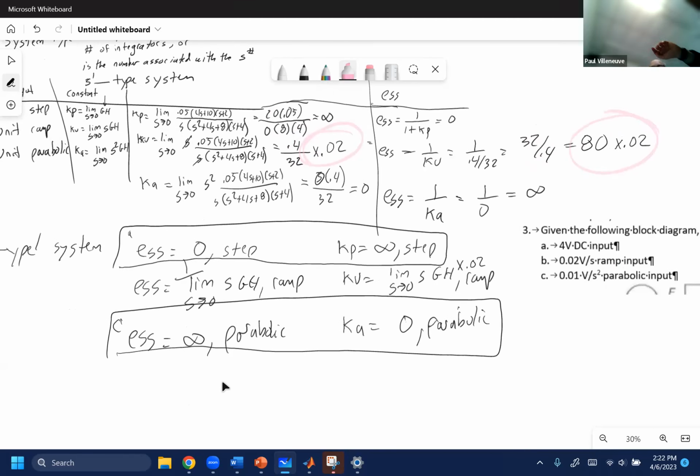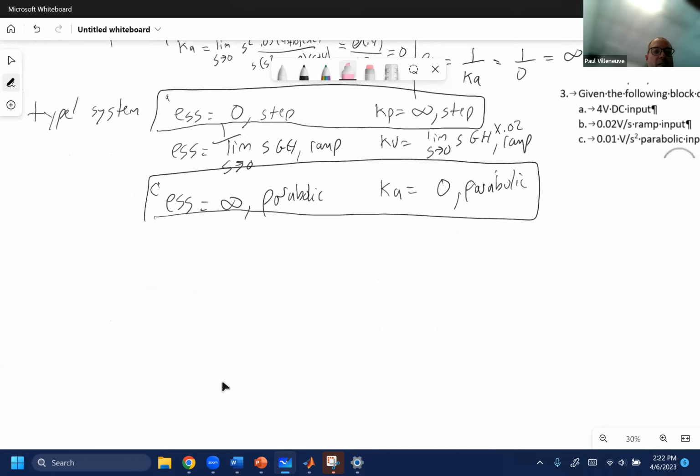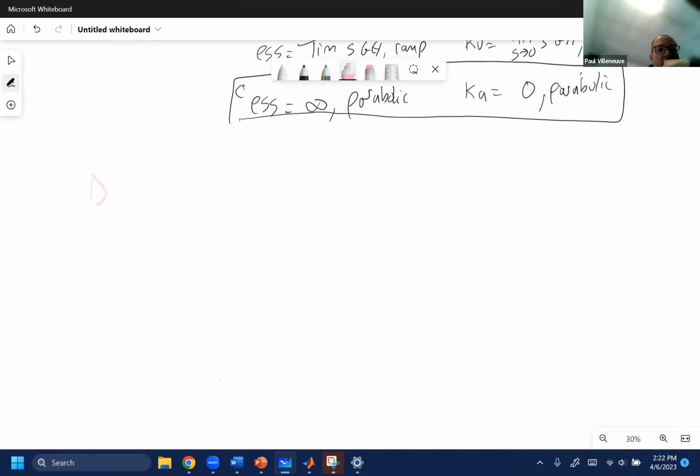Yeah, so it's a multi-step process to do steady state errors. Step one is find GH. I guess even before that, if you're going to find a steady state error, begin: is it stable?